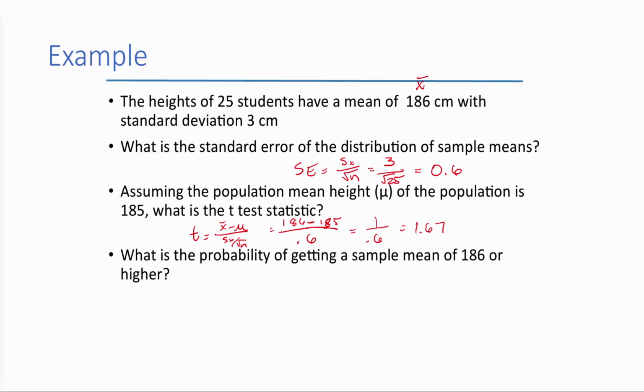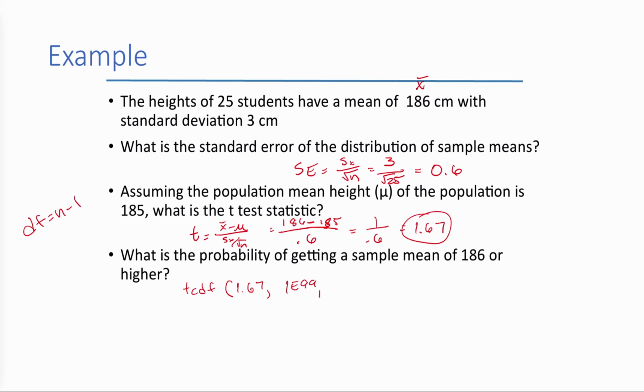And then the probability of getting a sample mean of 186 or higher is tCDF of 1.67, 1E99. And how many degrees of freedom? Again, your degrees of freedom is n minus 1.